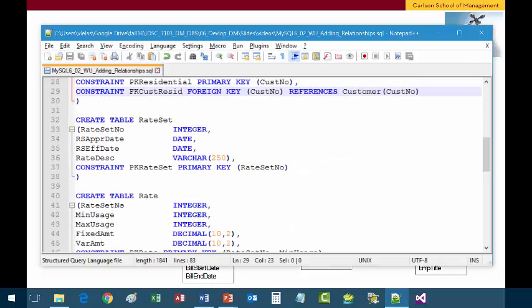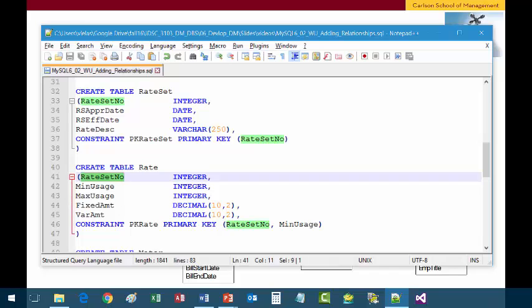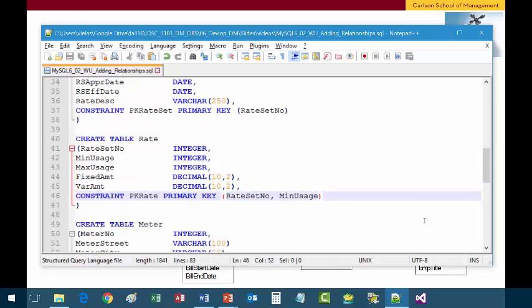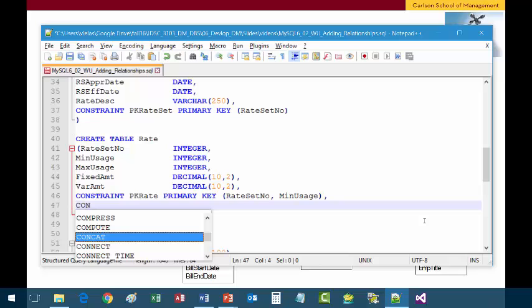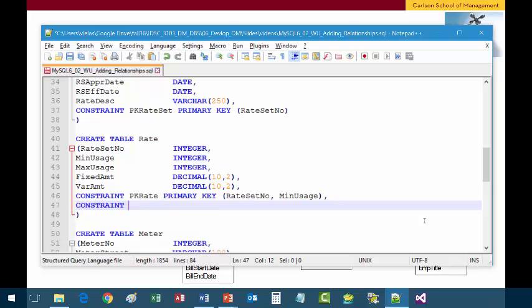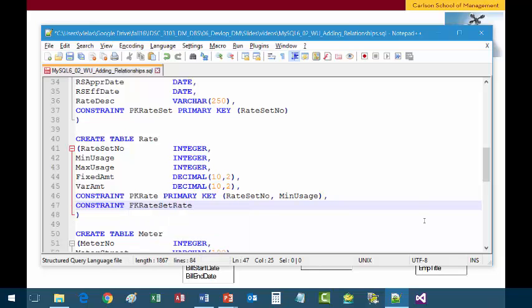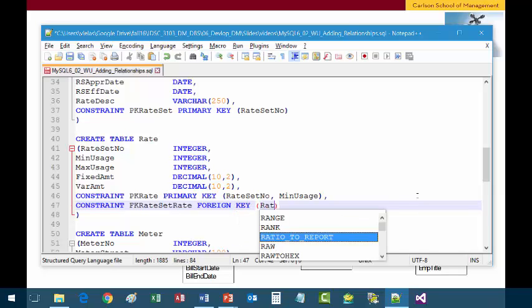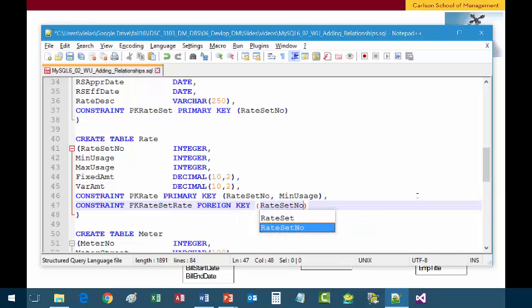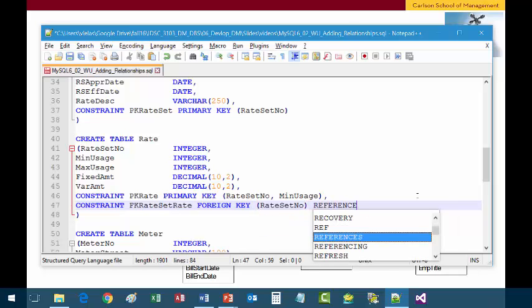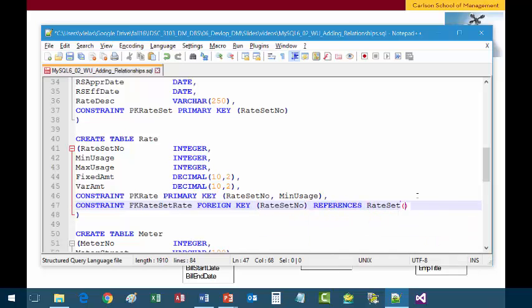All right, so it's already in there because it had to be, because it was part of the compound primary key. So all I have to do is specify constraint FK rate set rate table as opposed to rate set customer table I had before. Foreign key, so it's again rate set number that references rate set table and its rate set number primary key.